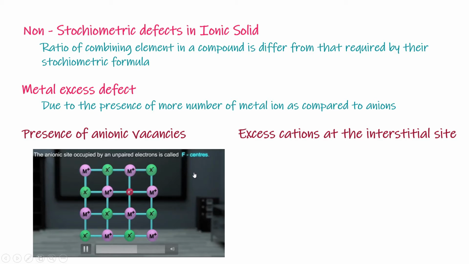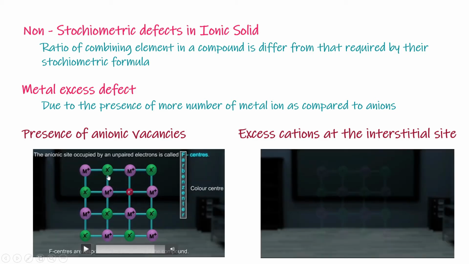F refers to Farben center, derived from the German word meaning color center. For example, in sodium chloride crystal, the electron in the F center indicates yellow color. In lithium chloride, the electron indicates pink color, and in potassium chloride, the electron in the F center gives violet color.